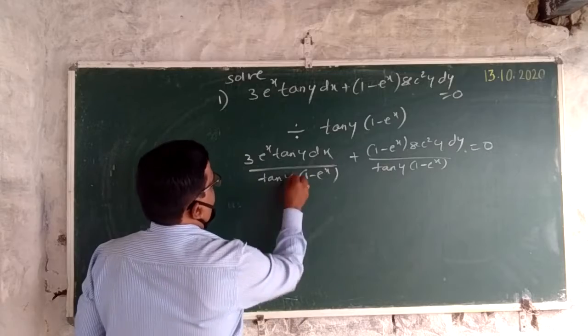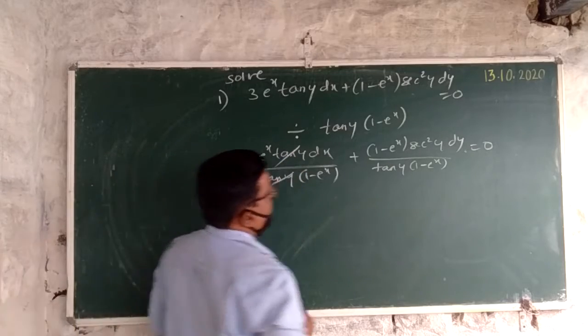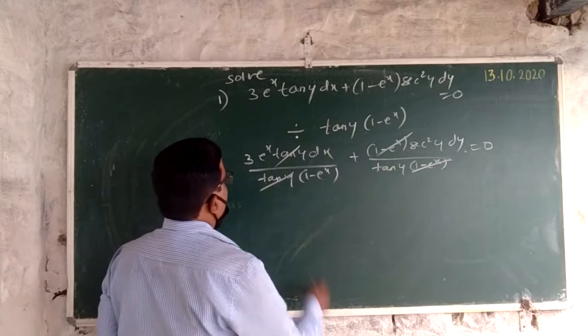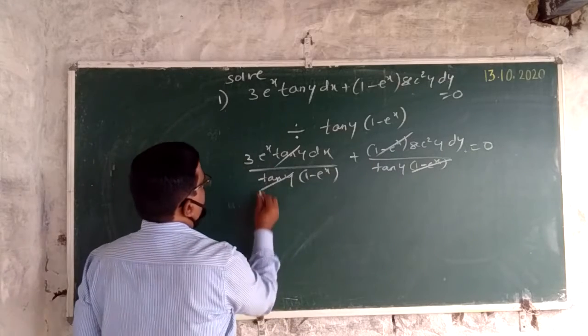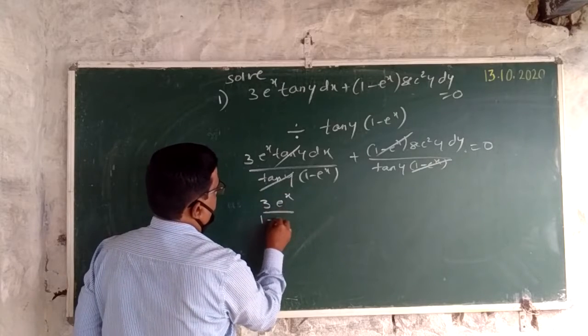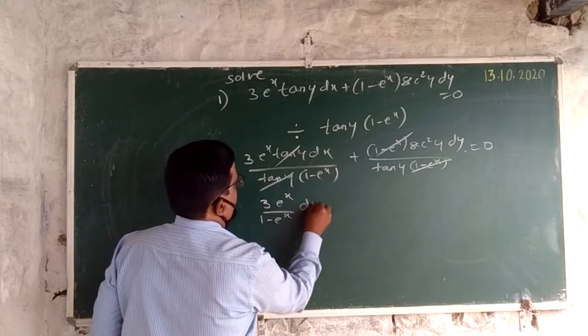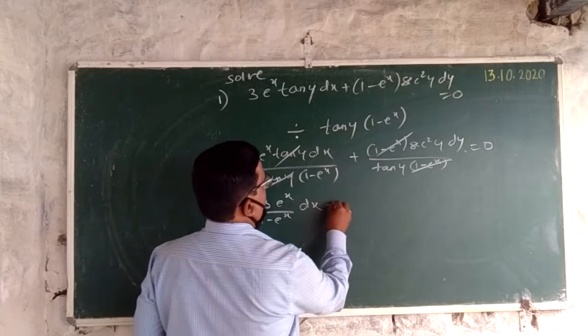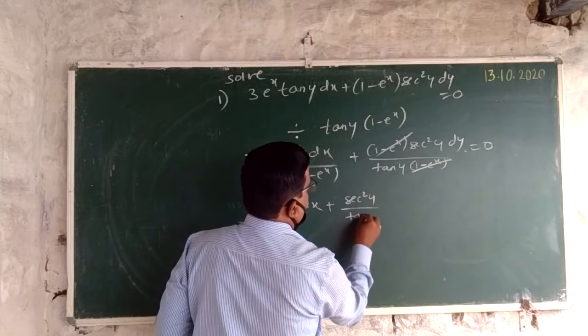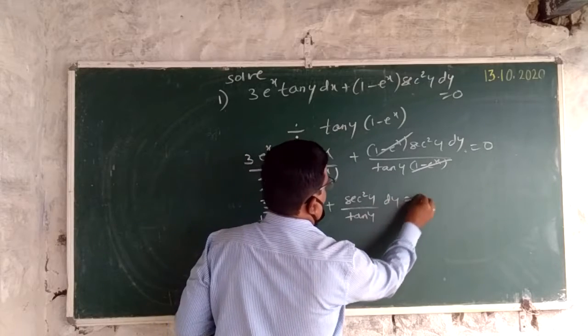Now this tan y gets cancelled, and 1 minus e raised to x, 1 minus e raised to x get cancelled. So now this can be written as 3 e raised to x divided by 1 minus e raised to x dx plus sec square y divided by tan y dy is equal to 0.